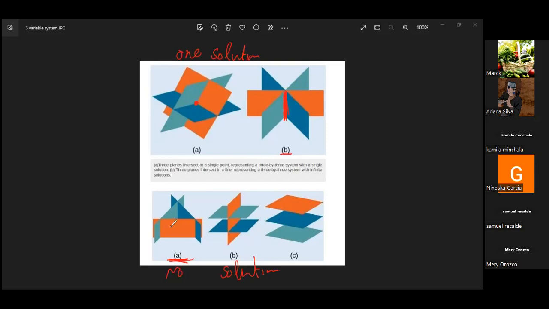If two planes intersect but the third one doesn't, they don't have any common point. Similarly, no common point where they all intersect, or if they are parallel like this. So these are the scenarios when they can have one solution, infinite solutions, and no solution. So let's go back and see.